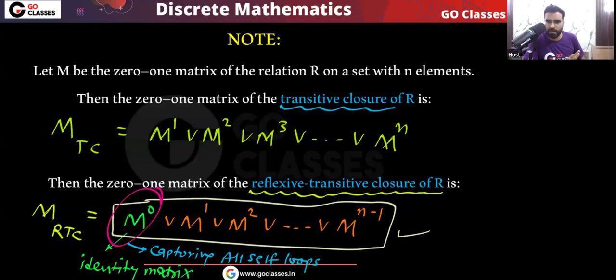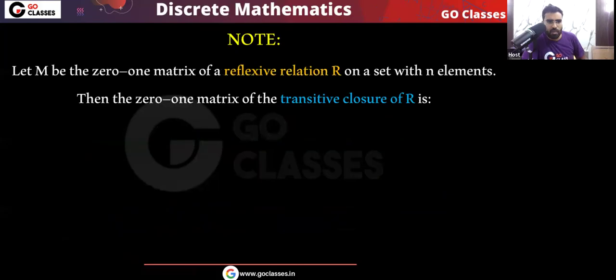Very simple. Clear? Also, tell me a small point. If the question says that the given relation is already reflexive, and the question is asking for transitive closure, your relation already has all the self loops.